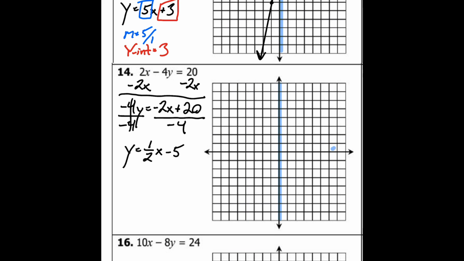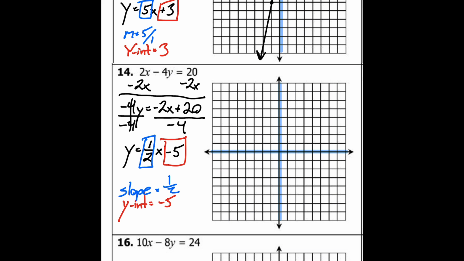Highlight my x and y axis because it's a little bit difficult to see. My slope is 1 over 2. My y-intercept is negative 5. Let's graph.